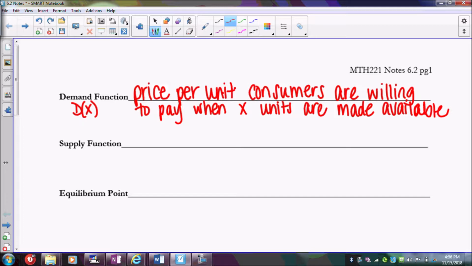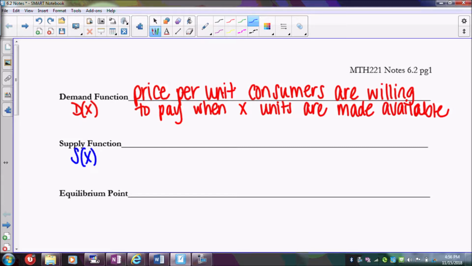Then if we talk about the supply function, that's typically represented with s of x. So s of x would be the price, or the y value, and x would be the number of units. The supply function is the price that the producers are willing to produce and sell a certain number of units for, so x units.